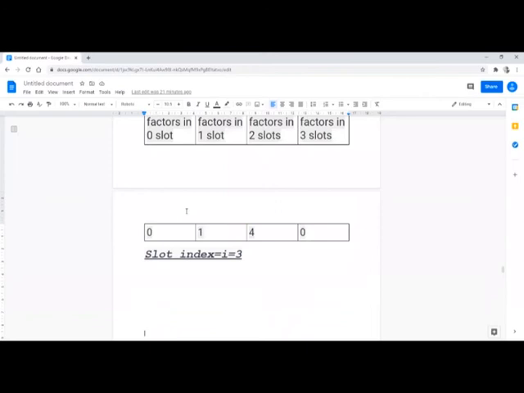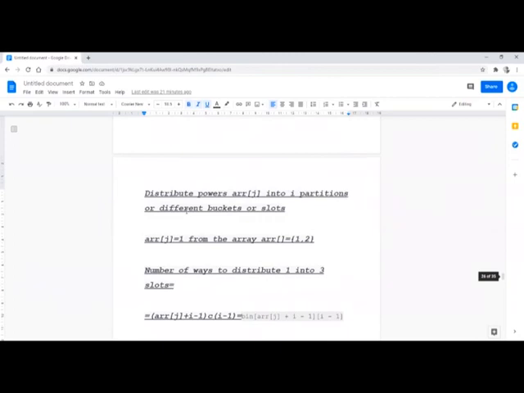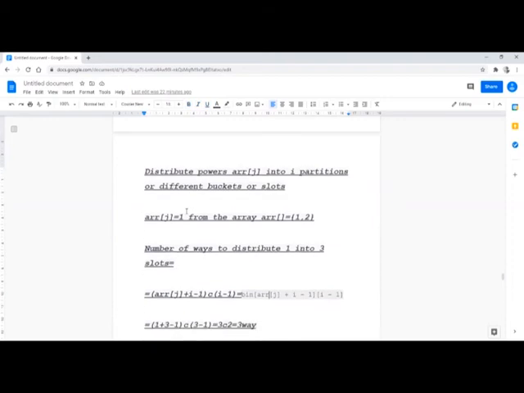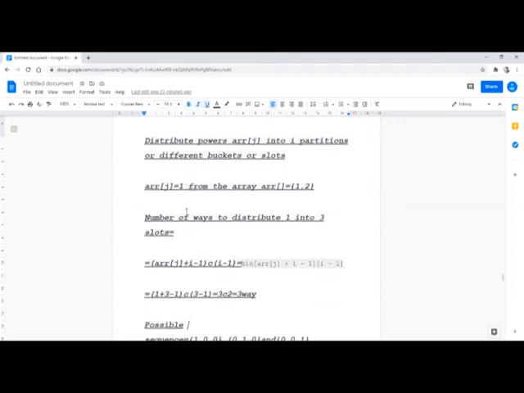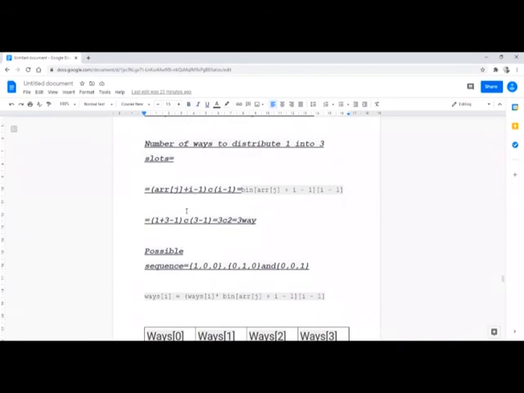Now we go to slot index 3. This is a DP array. Distribute powers of array of j into i slots, i partitions or different buckets or slots. Array of j is equal to 1 from the array ARR is equal to 1 comma 2. Number of ways to distribute 1 into 3 slots: total number of arrangements is 1 plus 3 minus 1 C 3 minus 1, which is 3C2, which gives us 3 ways.